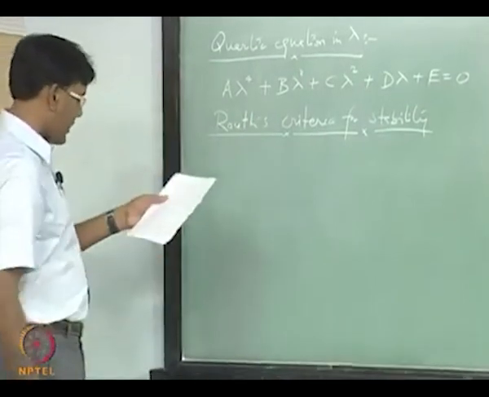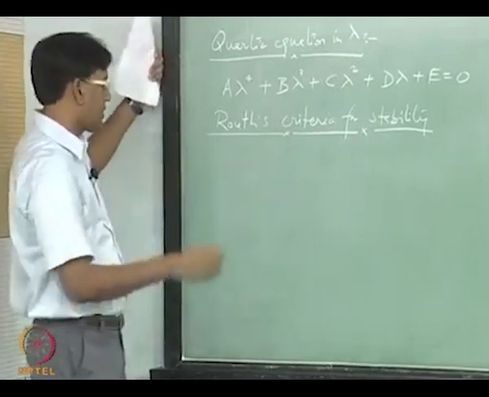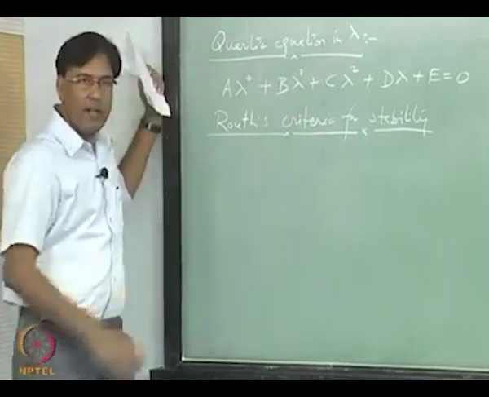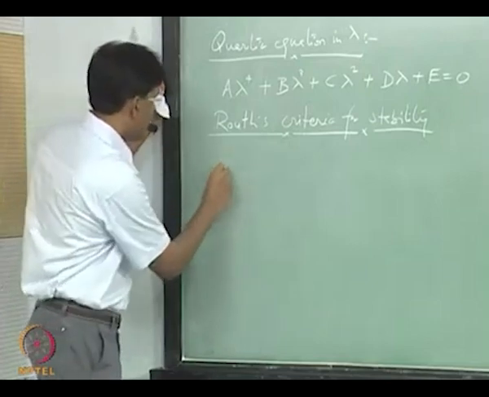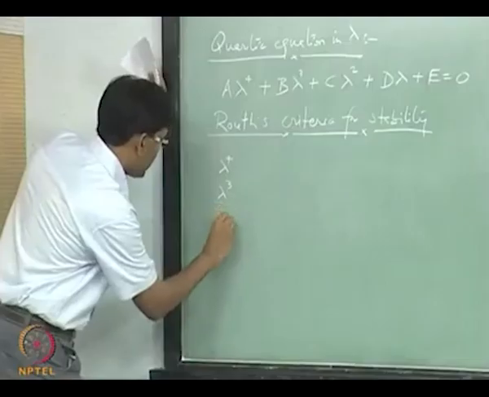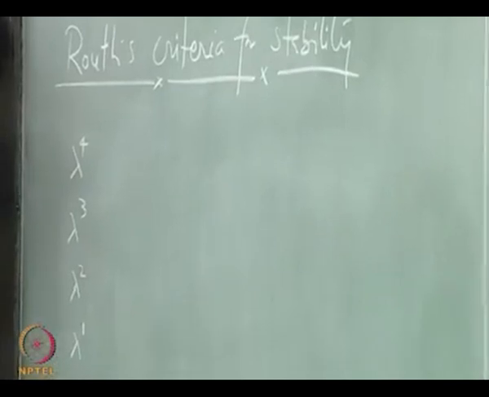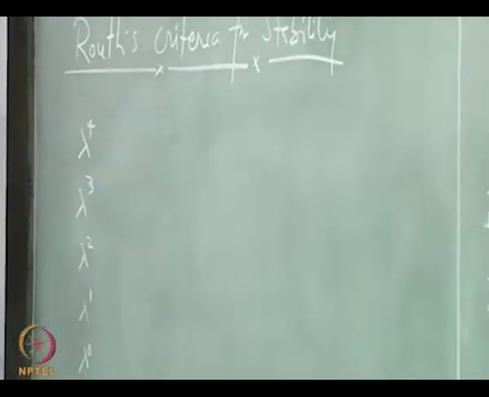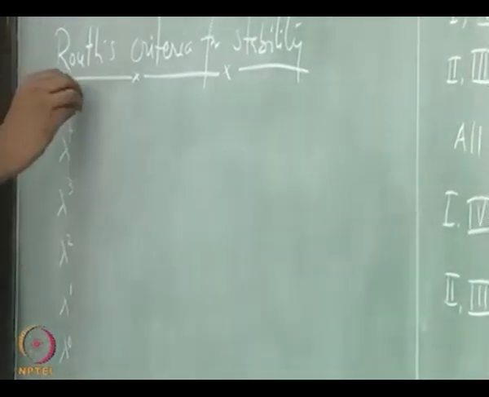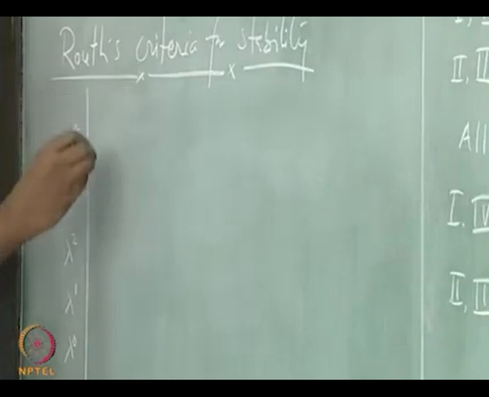Routh's criterion for stability, it first asks you to make an array in this fashion. So, specific to this equation, write the powers of lambda in the first column and write the coefficients like this.